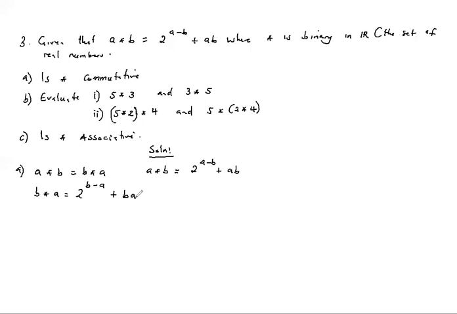Good. Now, if we look at BA and AB, these two are the same, right? Yes. So all we need to do is check if B minus A is the same as A minus B. Because if they're the same, then everything else will be the same, right? Yes.